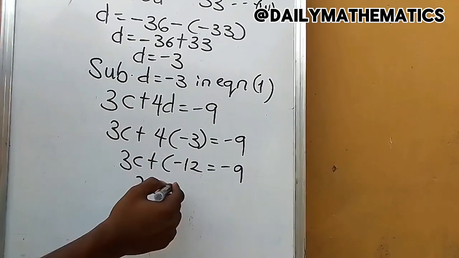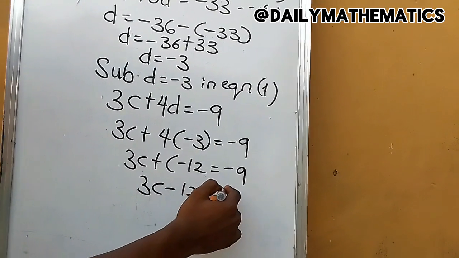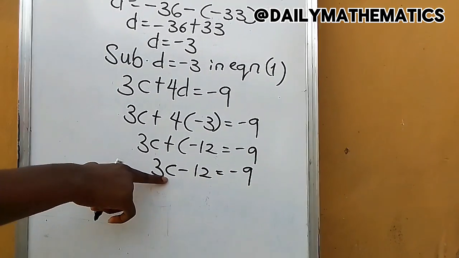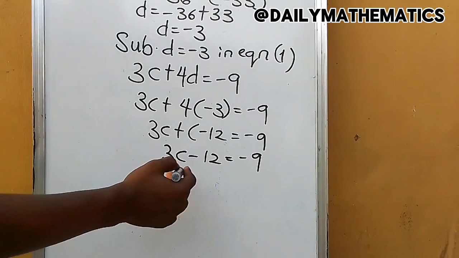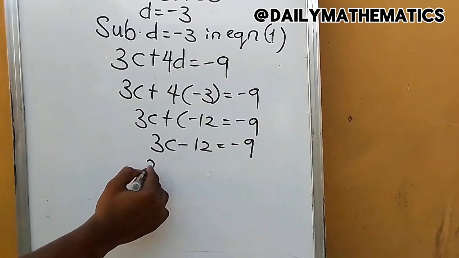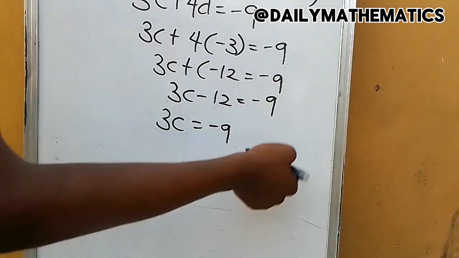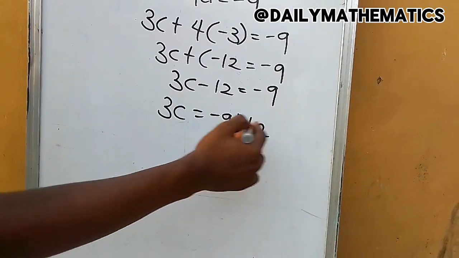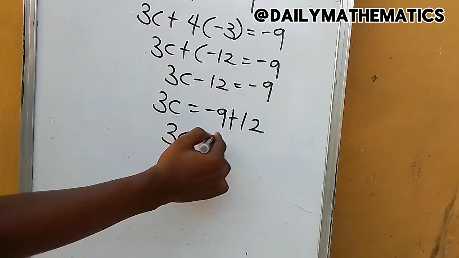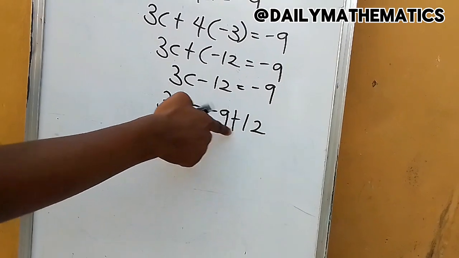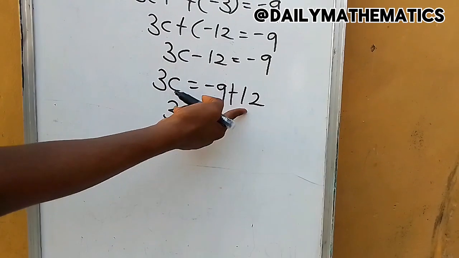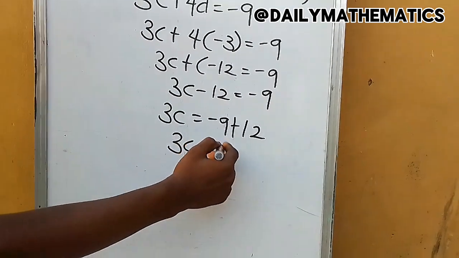Plus times minus gives us minus. Then we collect like terms, make C the subject of the formula. 3C equals minus 9. This is minus 12. When it crosses over, it turns to plus 12. 3C is equal to minus 9 plus 12. That's the same thing as 12 minus 9, which is 3.